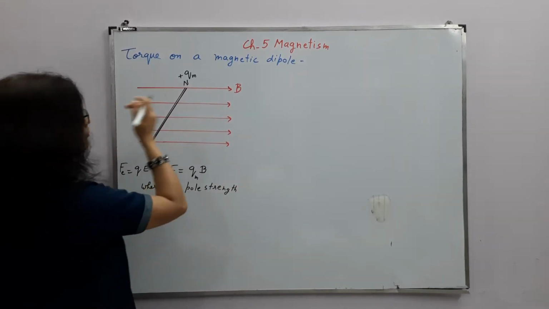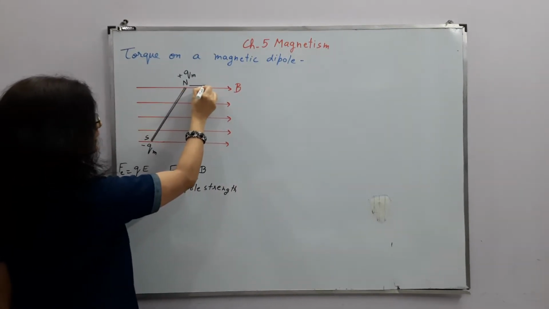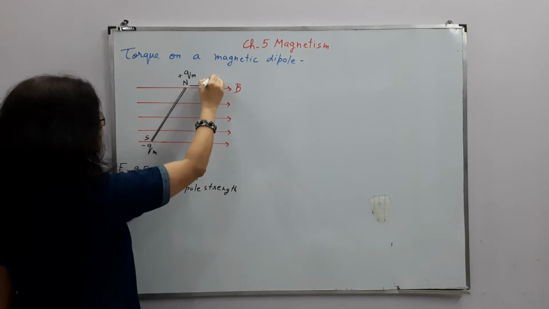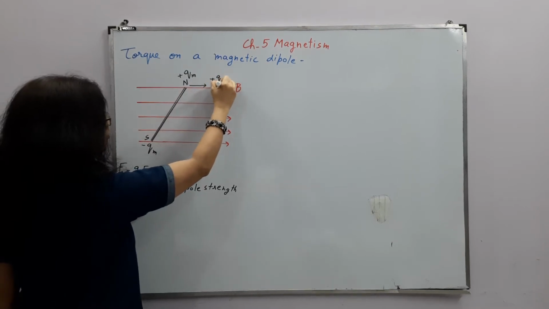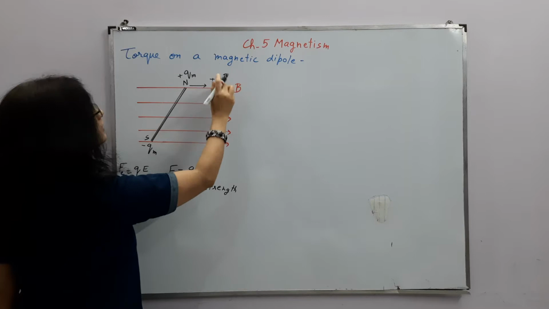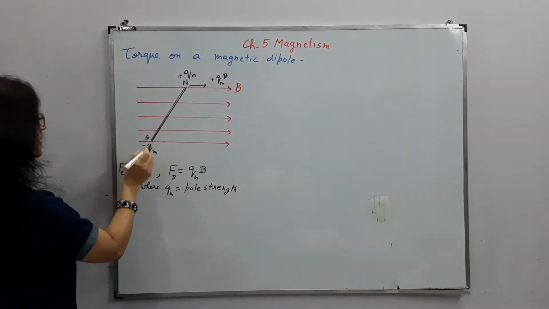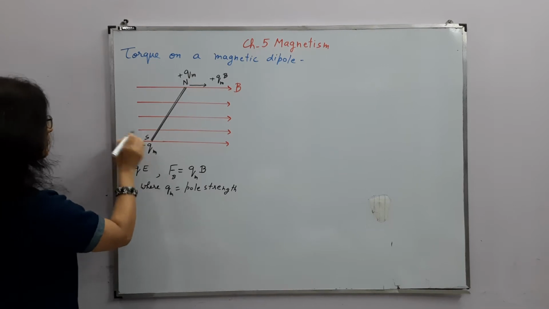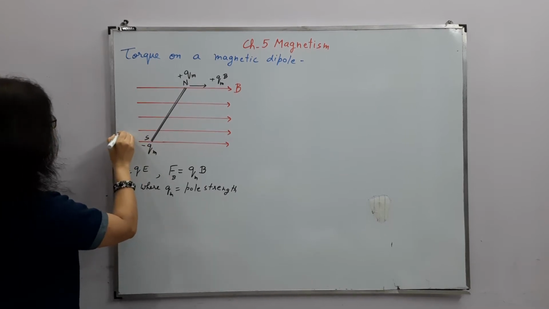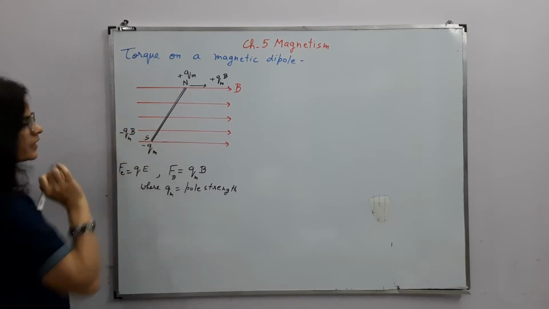The force acting on this pole will be plus Qm into B, and the force acting on this pole is minus Qm into B.